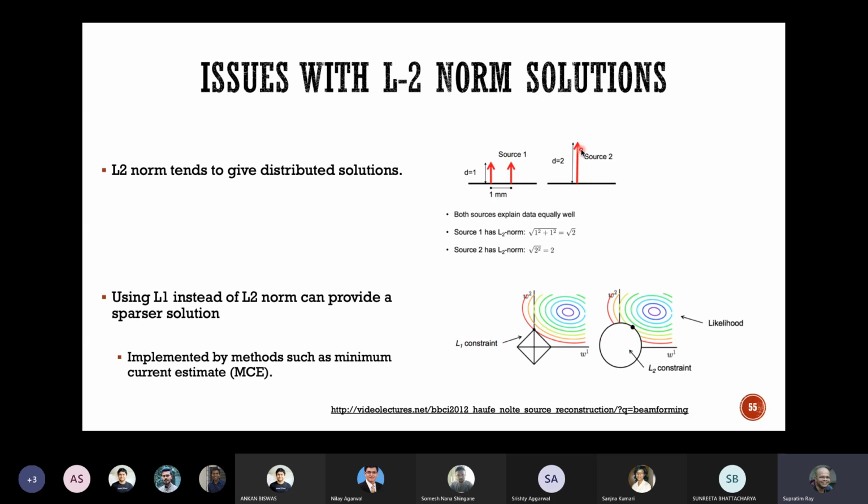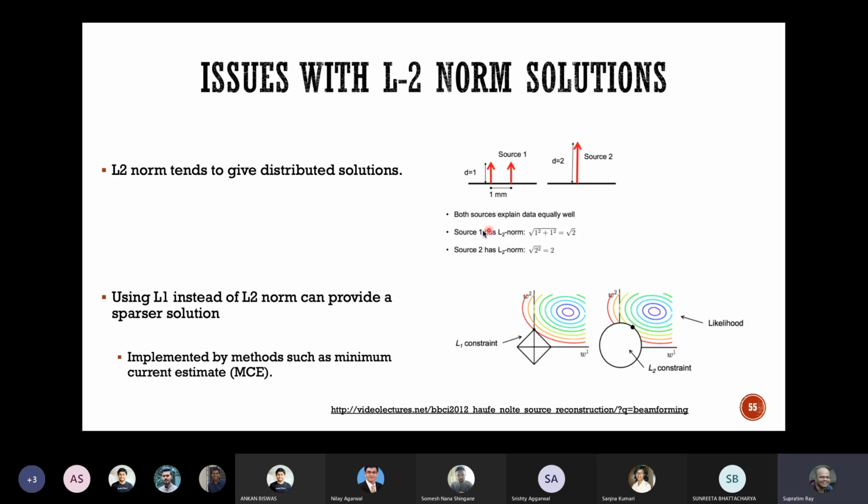Suppose both these sources explain the data equally well. Intuitively, you can think that they are equivalent solutions. But if I impose an L2 norm and say my solution should have the minimum L2 norm, which of the two should I end up picking?